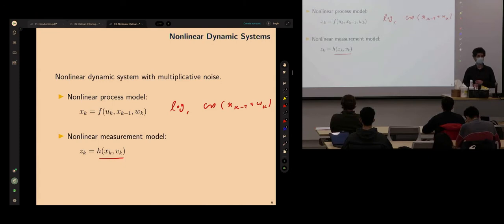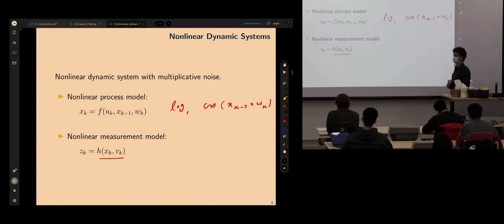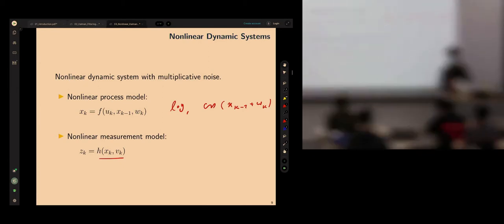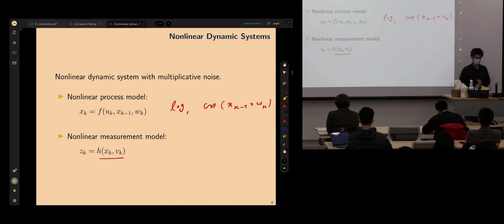Is this process still Markov? You're nodding. Somebody raising a hand? I think maybe yes, because we don't have any past time states in the argument of the function h. Partly true. You're saying yes because we only need the state from the previous time step.